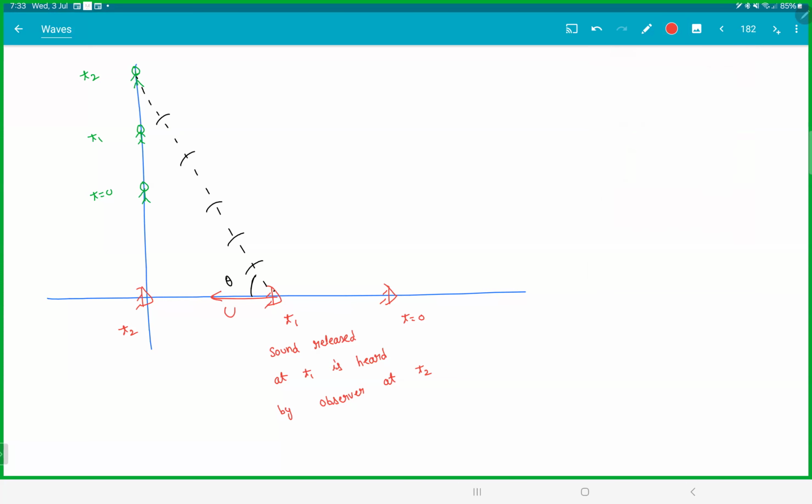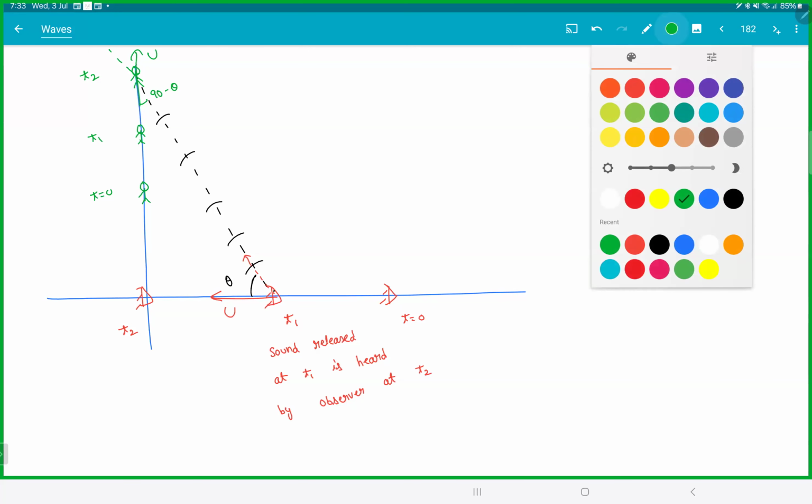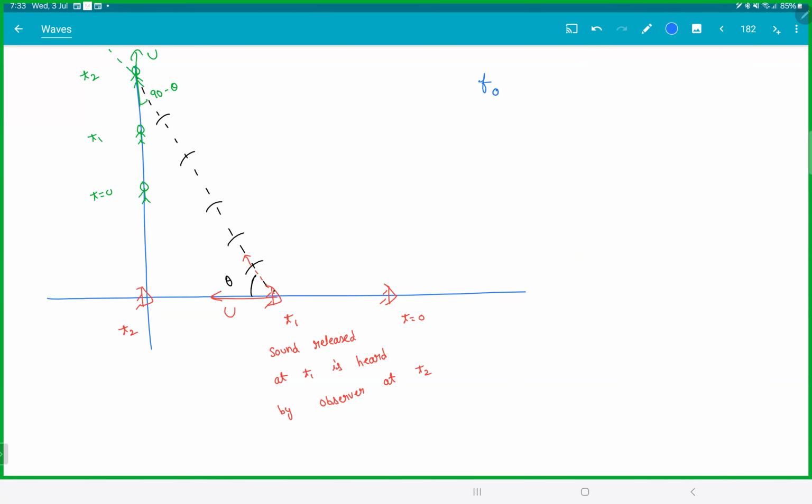So this guy is going with u. So this component is u cos theta. This guy is going also with u. If that is theta, this angle is 90 minus theta. So F apparent is c, the source, the observer.